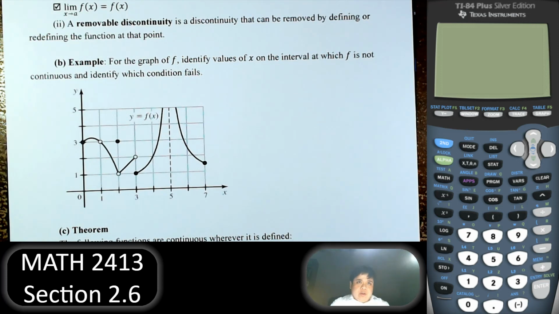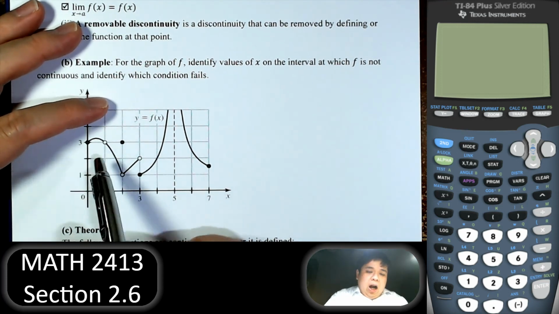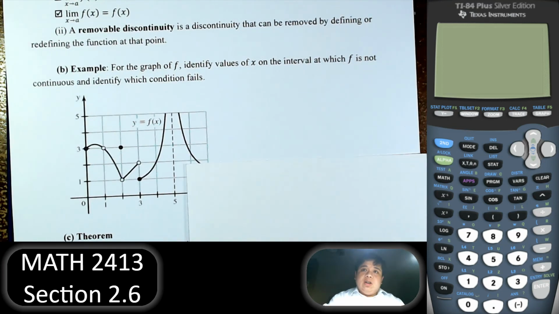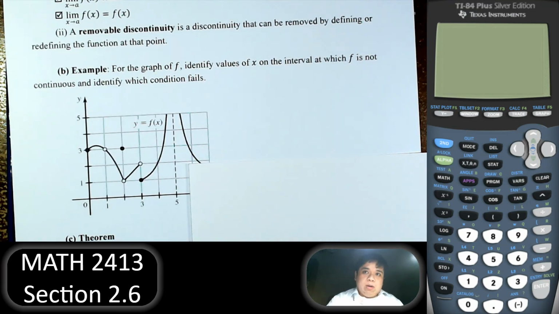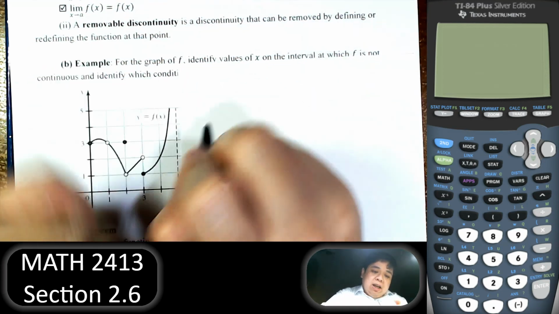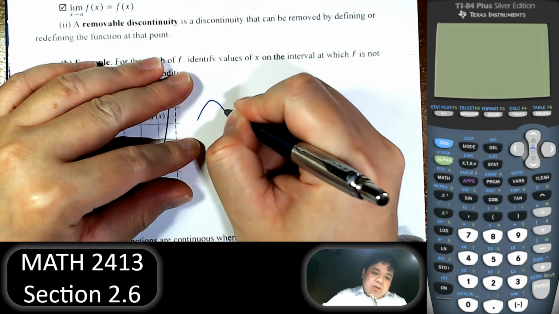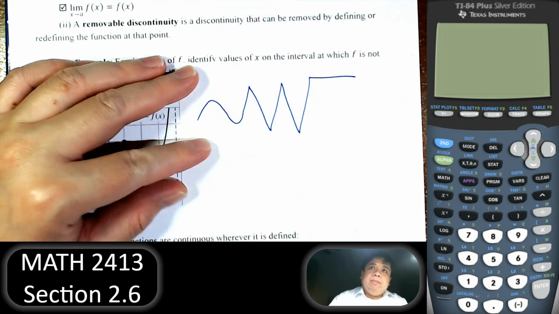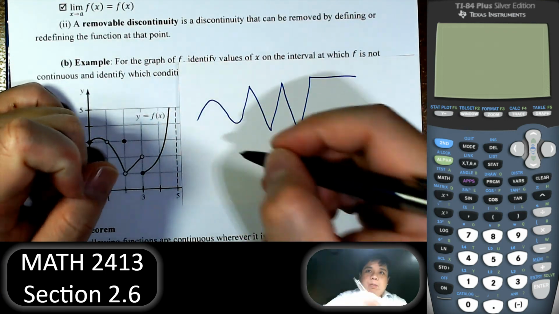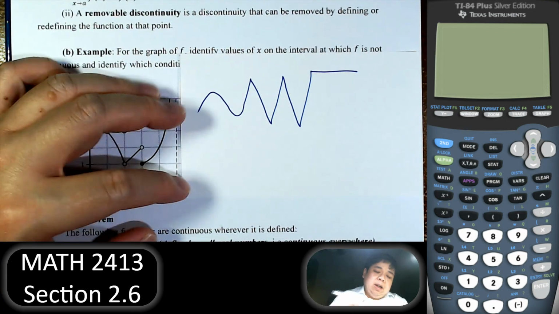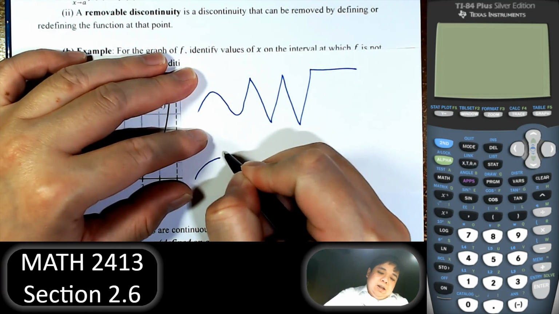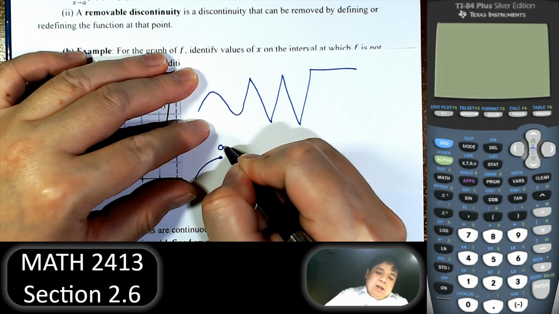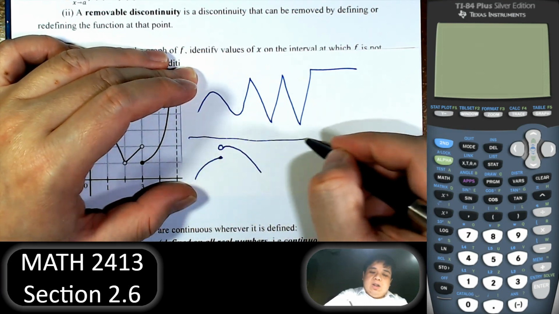First of all, loosely speaking, a continuous function can be drawn in one stroke. For example, this is a continuous function. You can draw that without picking up the pen. This is not a continuous function.